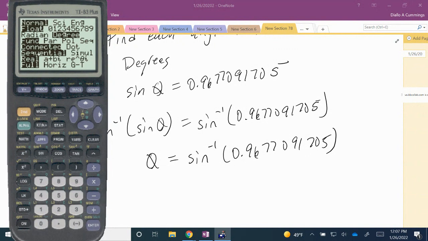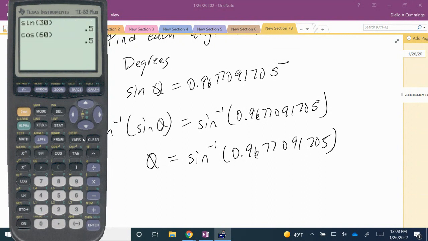But since I'm using an emulated calculator, it may reset itself once I close it down and open it back up. So you don't necessarily have to check your mode for every problem. I like to do so because sometimes it may reset back to the factory settings. So I am in degree mode.